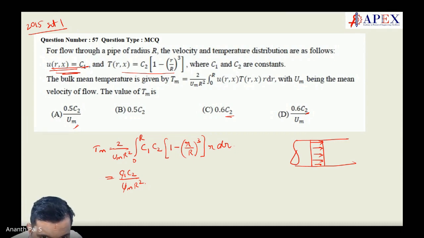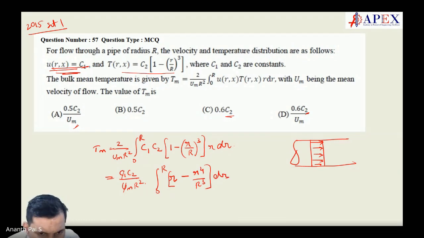So this is C2 into integration of 0 to R of (r minus r power 4 divided by R cube) dr. Makes sense? This can be C2 by R square.